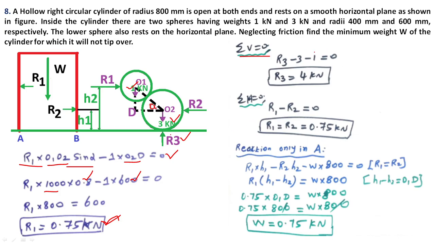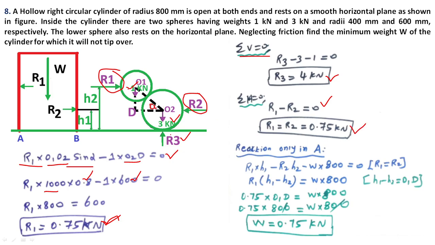So R3 minus 3 minus 1 is equal to 0, R3 is equal to 4 kilonewton. Sum of horizontal forces: R1 is one horizontal force, R2 is the other. Forward force is positive, backward force is negative. So R1 minus R2 is equal to 0, R1 is equal to R2. R1 is already found as 0.75, so R1 equals R2 equals 0.75 kilonewton.